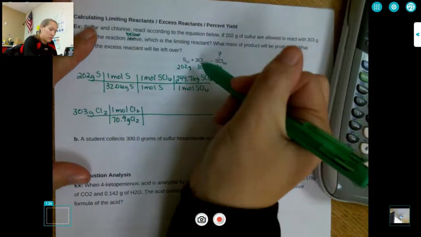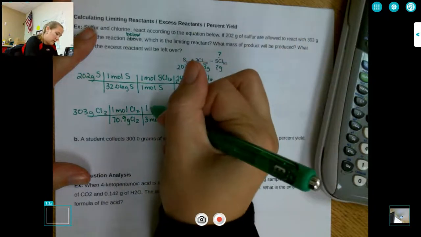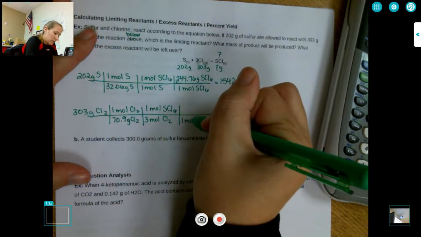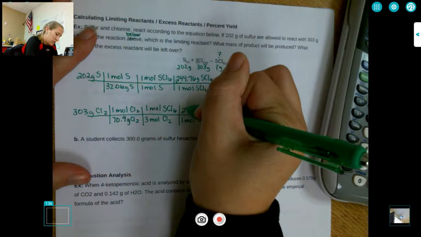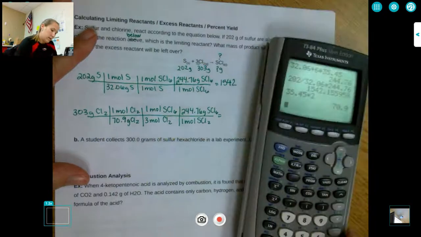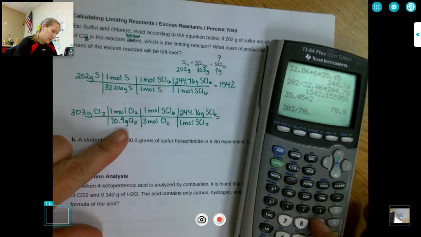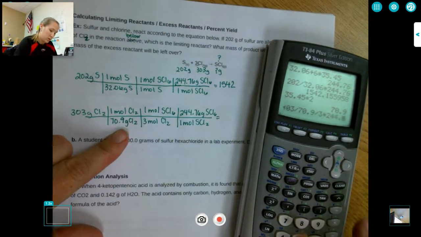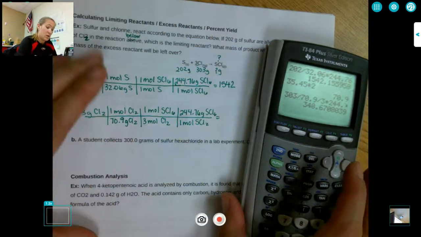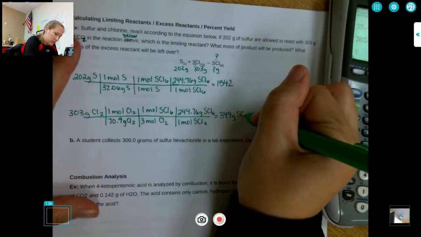Then my mole to mole ratio, 3 moles of chlorine for every 1 mole of sulfur hexachloride. 1 mole sulfur hexachloride is 244.76 grams. We can see that this is going to be smaller already. 70.9 divided by 3 times that gives 348.67, so 349 grams sulfur hexachloride.